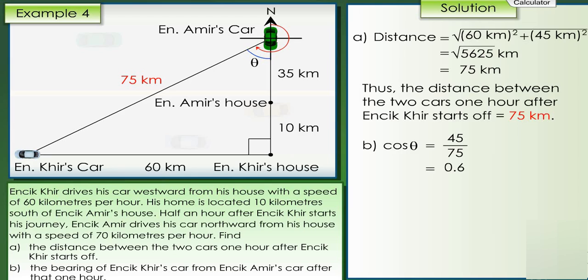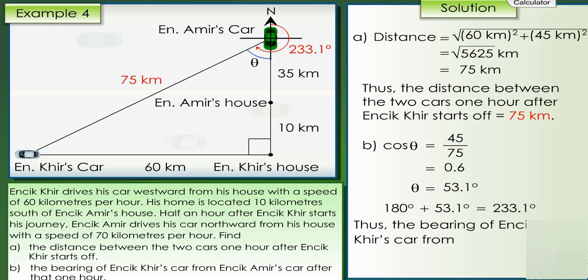Hence, theta is equal to 53.1 degrees. 180 degrees plus 53.1 degrees is equal to 233.1 degrees. Thus, the bearing of Eunchik Khair's car from Eunchik Amir's car after that 1 hour is 233.1 degrees.